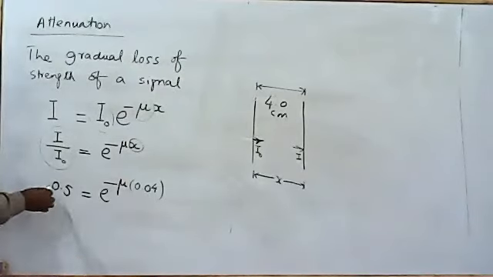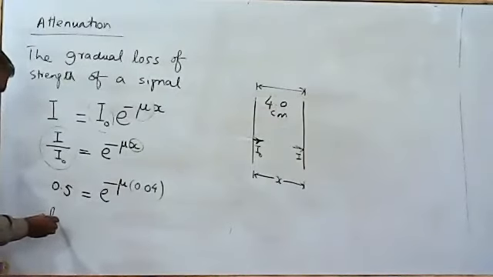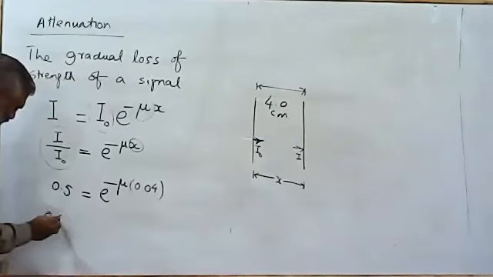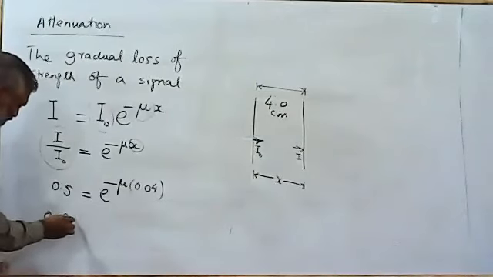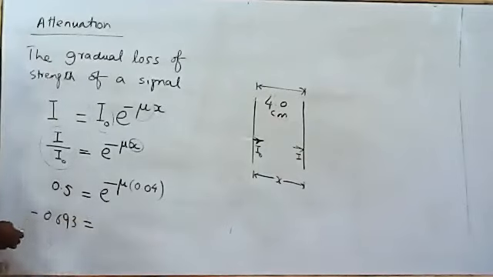When you take the natural log of the two sides, this also becomes minus because this is less than 1. So when you take the natural log of it, you get minus natural log of 2, which is probably 0.693, with a negative sign here of course.